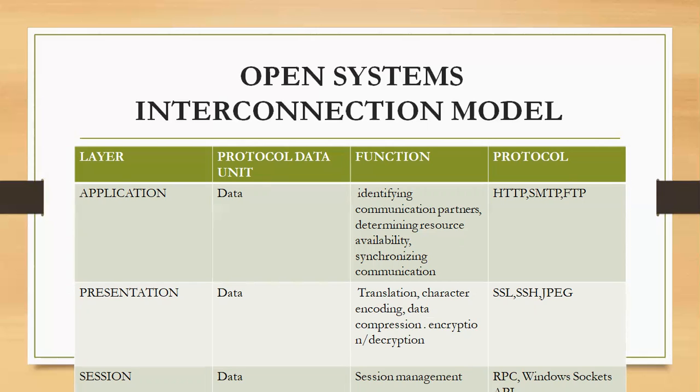You have SMTP, Simple Mail Transfer Protocol; you want to send email to somebody anywhere. File Transfer Protocol, FTP, you want to download from the internet. All these are protocols that you will find at the application layer. So the application layer helps us as users to use these protocols through the application software.